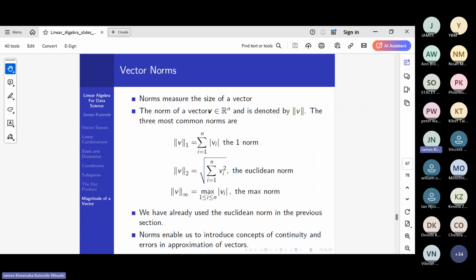These are all magnitudes. So if you choose to work in the L1 space, this is how you will measure distance in that space. It will also affect your calculus. It will affect all your concepts of continuity and so on, because they all depend on how you measure distance. For those of you who did metric spaces, you probably had different ways of computing distance.